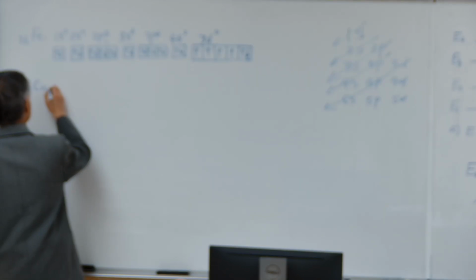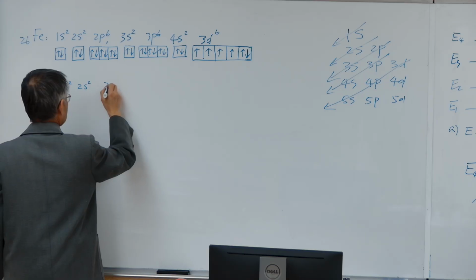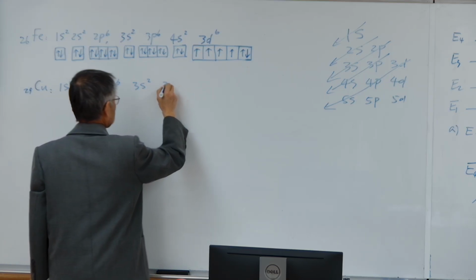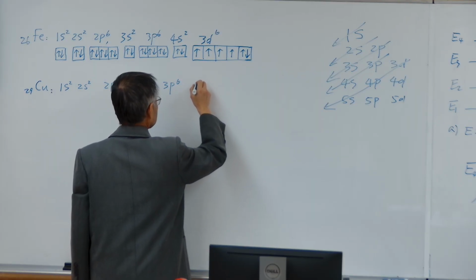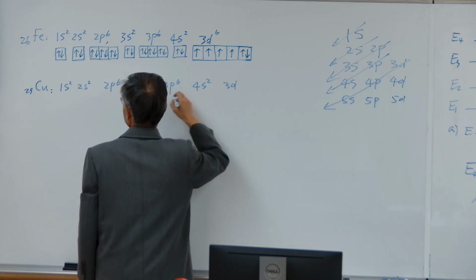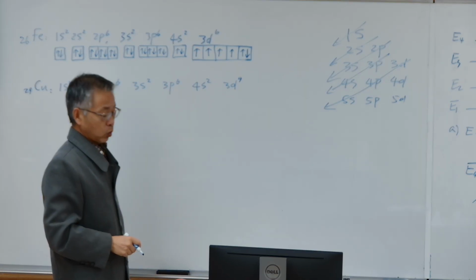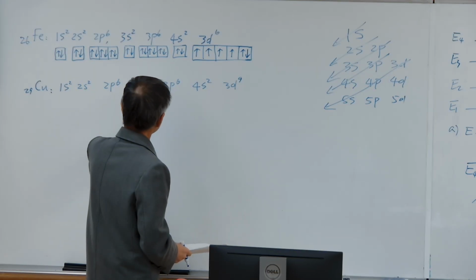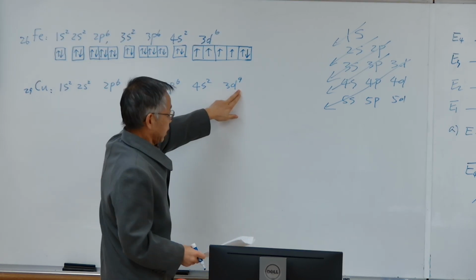We can write the electron configuration 1s2, 2s2, 2p6, 3s2, 3p6, 4s2, which is 20, and 29 total. We expect 1s2, 2s2, 2p6, 3s2, 3p6, 4s2, 3d9, because only 9 are left.